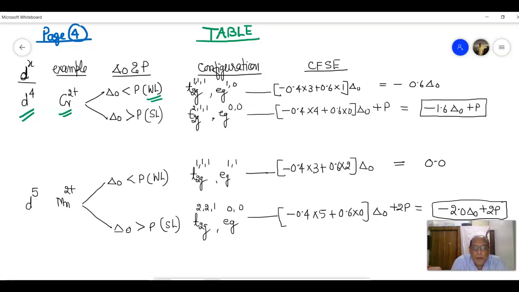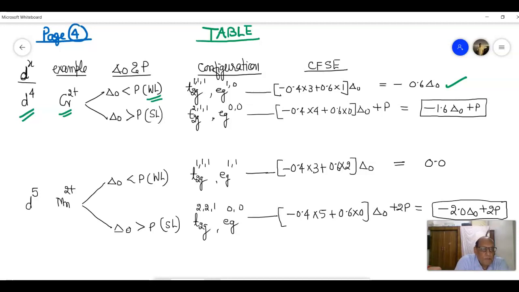The electronic configuration will be t2g1,1,1. Since the field is weak, the fourth electron will obviously go into eg orbital, making the configuration t2g1,1,1 eg1, and CFSE will come out to be minus 0.6 delta O.